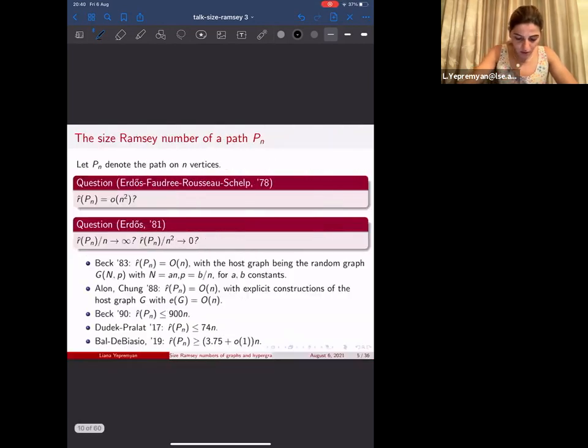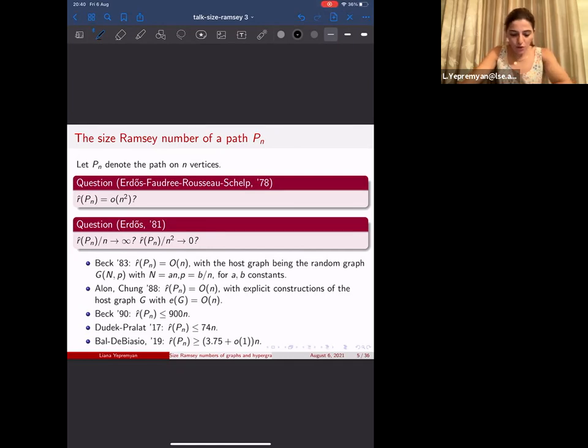One of the first examples that has been extensively studied was the path on n vertices. So P_n is the path on n vertices, and one of the earliest questions in the area was posed by Erdős, Faudree, Rousseau, and Schelp in their original paper, who asked whether the size Ramsey number of P_n is subquadratic or not.